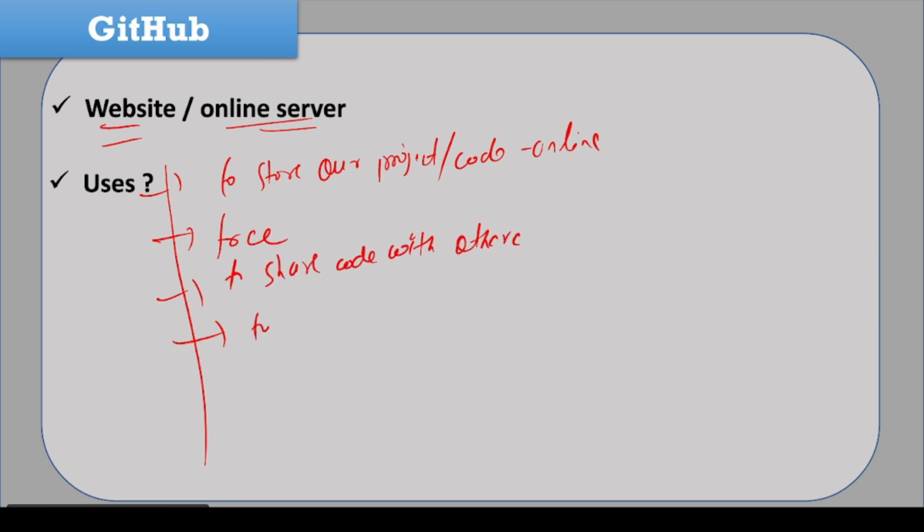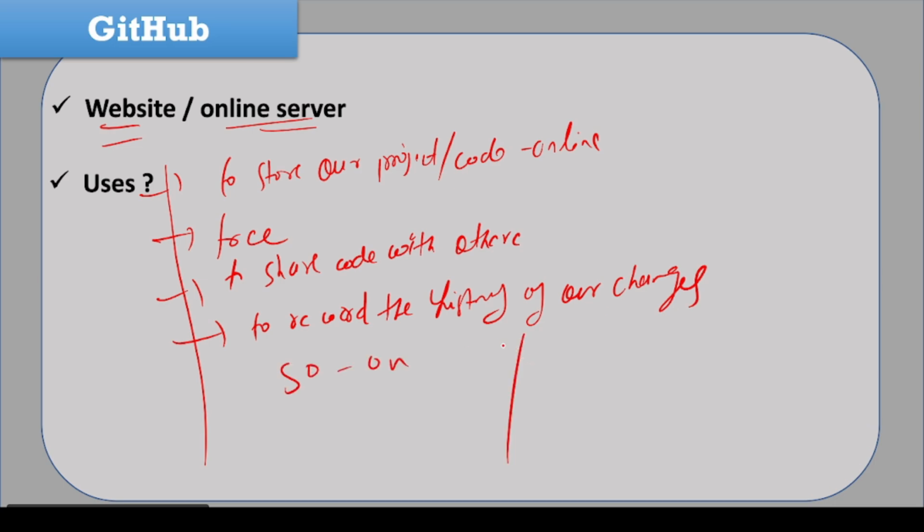The next use is to record the history of our changes, and so on. How can we access this? Simply, we have to create one account on GitHub with the help of an email ID. Then we will be able to access GitHub.